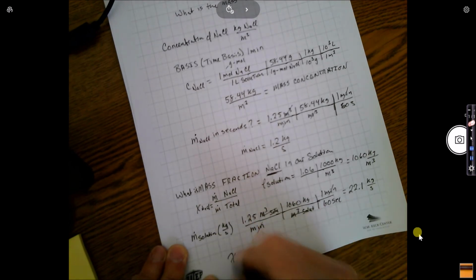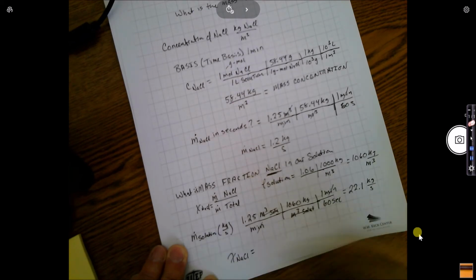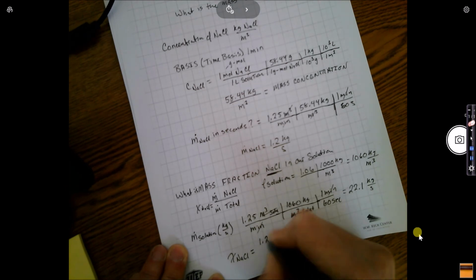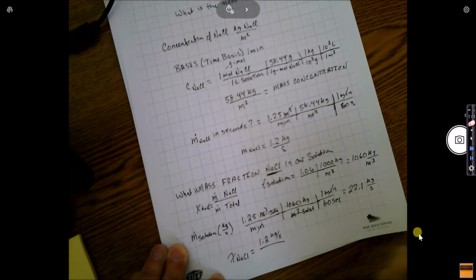So the mass fraction of NaCl, good old-fashioned table salt, is the ratio of 1.2 kilograms per second, over 22.1 kilograms per second. I'm not really doing the railroad track method because you kind of know the units are going to cancel.